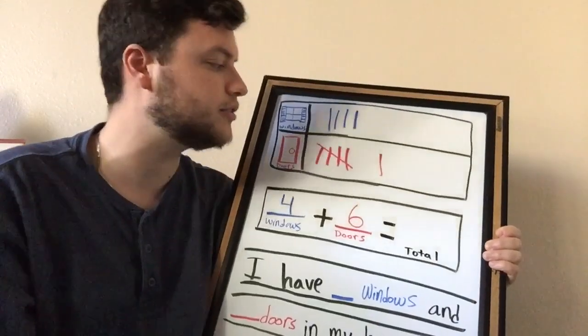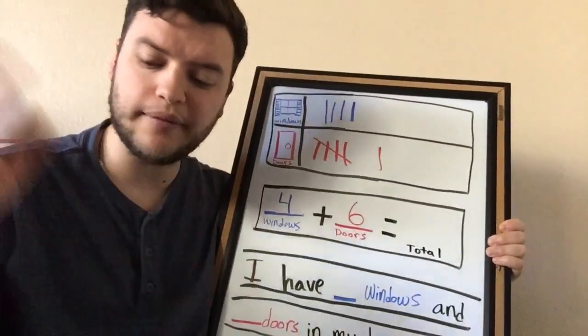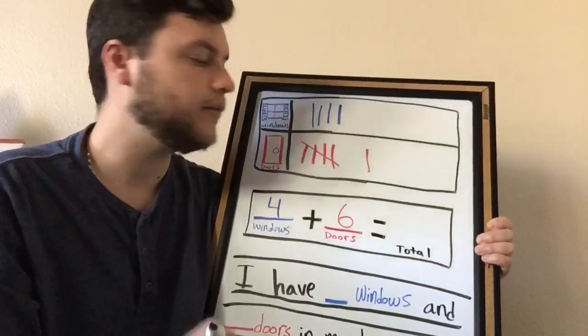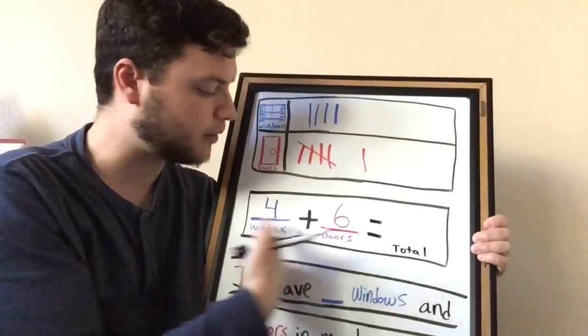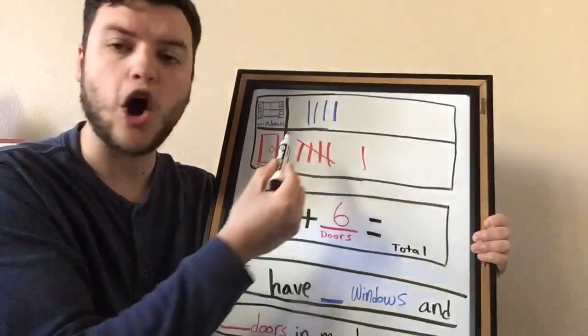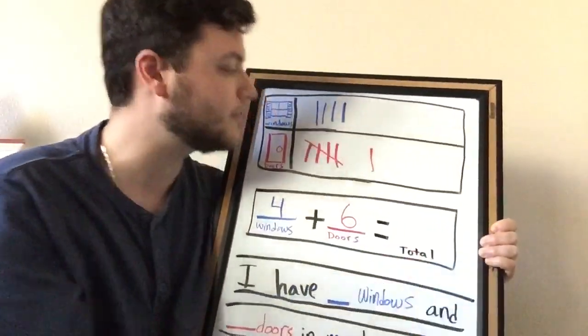You could use the tally marks. Okay, so that's what I'm going to use for this strategy. You can use anything you need, but for me today, what I'm going to use to solve this problem, 4 and 6 together, is I'm just going to count all the lines, and that's going to tell me how many I have total.